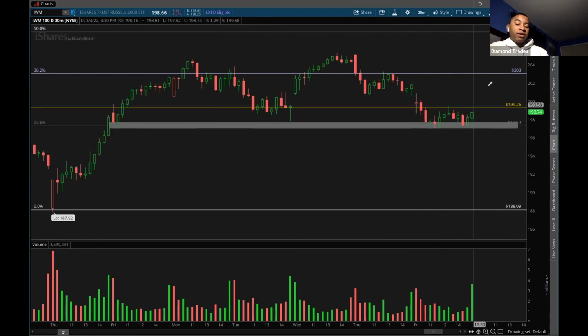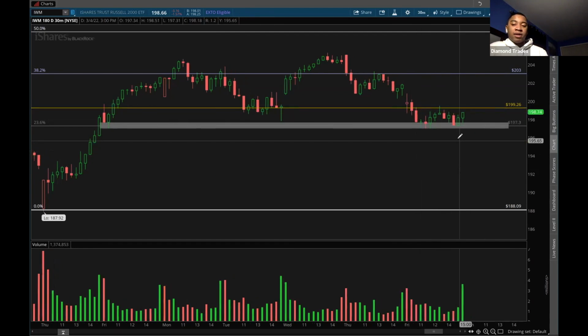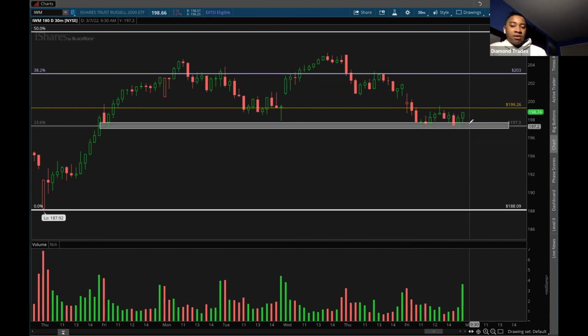And so let's just say the way that you would play that is, let's say that we get terrible news over the weekend, we gap down, we open up at 195. IWM starts to rally and gets into this demand zone. This is where I would look to take puts. I have demand zone turn into supply.